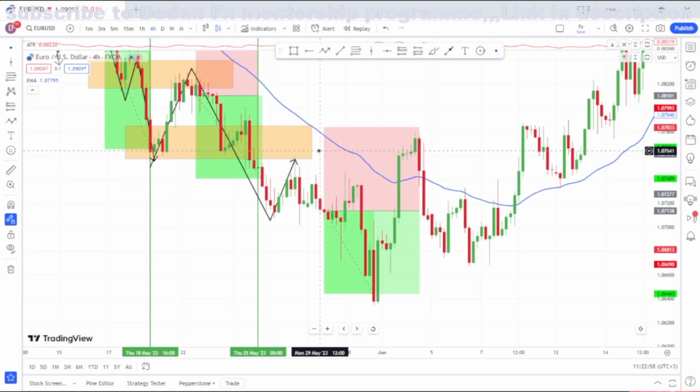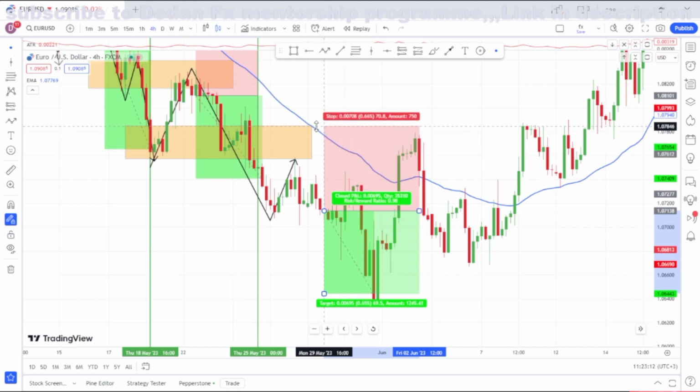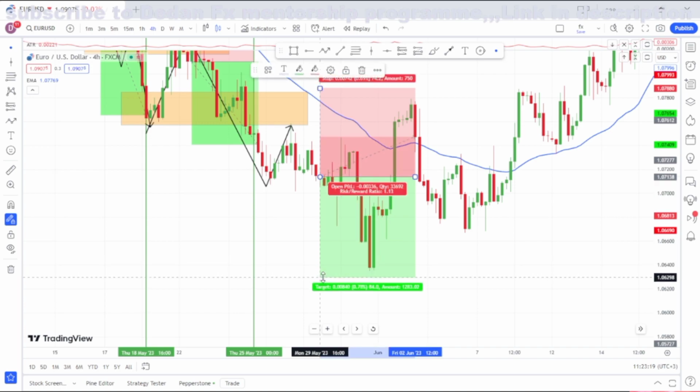The stop loss should have been around there, and our TP should have been around 1.4.